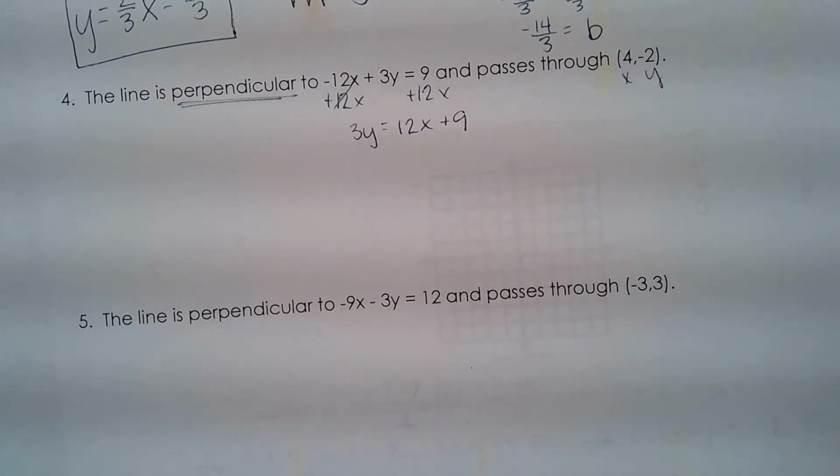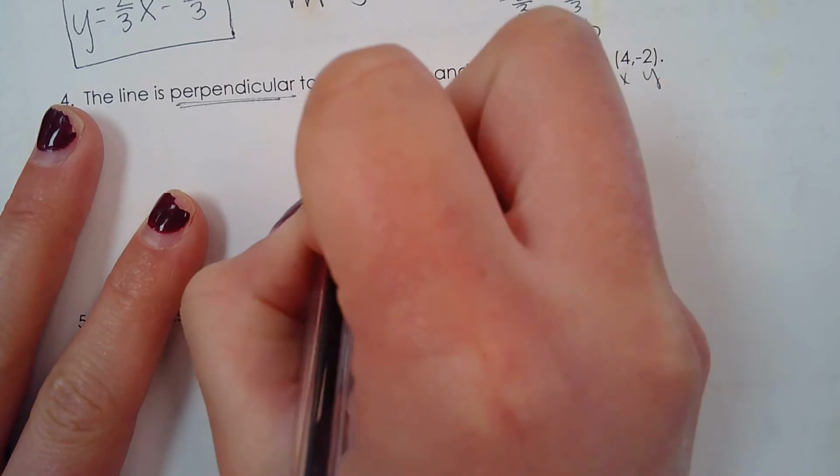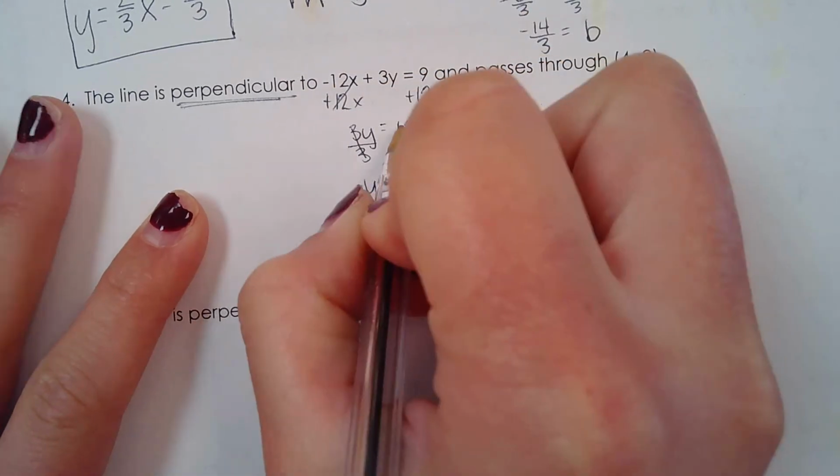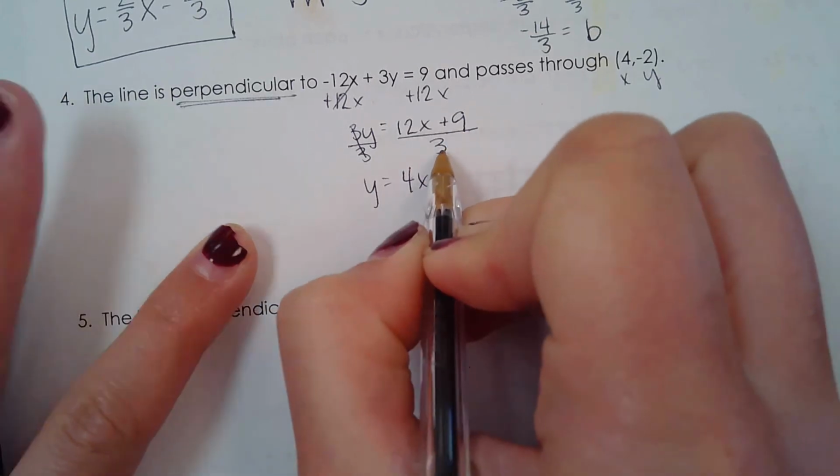Then what's our next step to get y all by itself? Divide by 3. What is 12x divided by 3? And 9 divided by 3? 3.